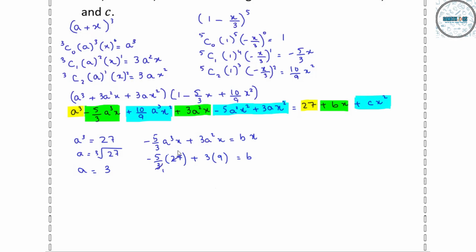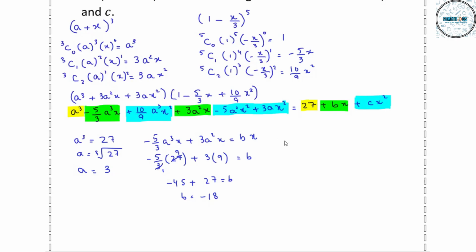So it will be -45 plus 27 is equal to b. So b is equal to -18.